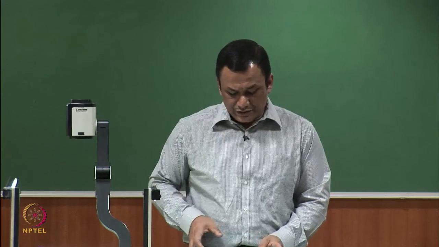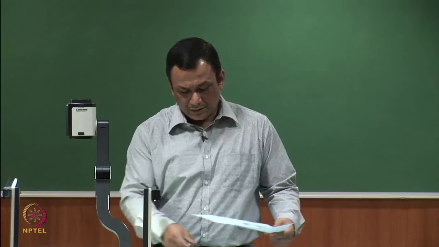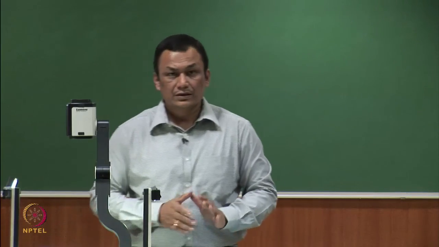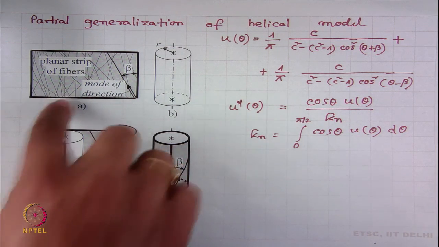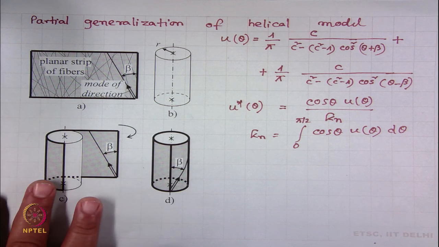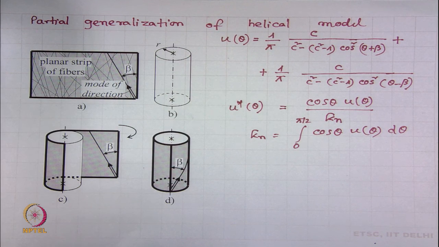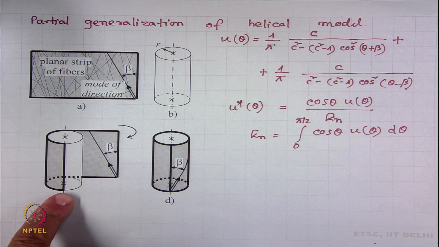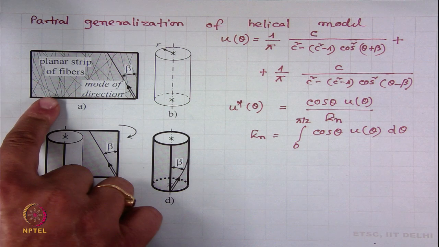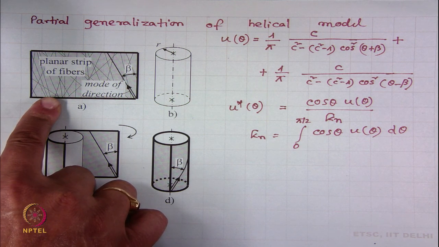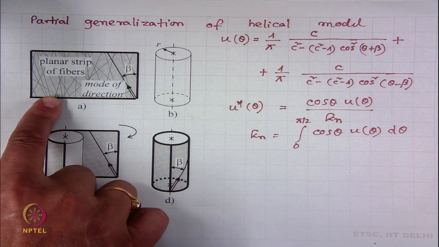The idea based on which we were working, we showed you. Initially it was a planar strip of fibers. This planar strip of fibers will be rolled to form a cylindrical structure. In this planar strip of fibers, the angle theta is different for different fibers.